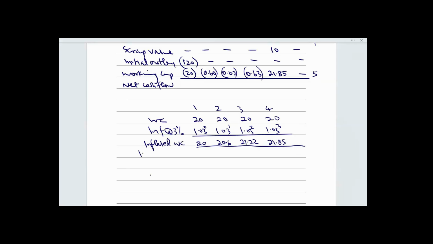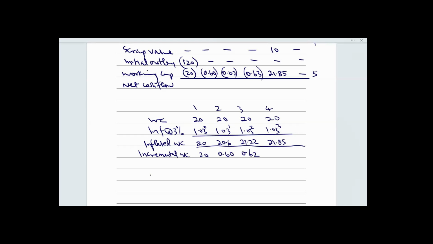Then we now did incremental working capital. The first year is 20. From 20, it has increased to 20.6 by 0.6, let's say 0.60. From 20.6 to 21.22, the difference is 0.62.